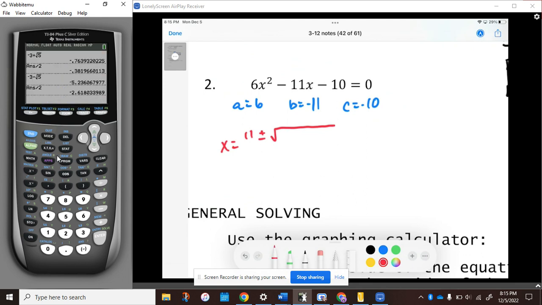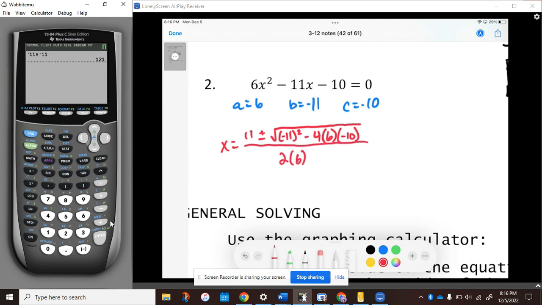If you don't remember all your multiplication tables, b squared would be negative 11 times negative 11, right? That's negative 11 squared, which we know is 121, minus 4 times 6 times c, which is negative 10. Whole entire thing over 2 times a, which is 2 times 6.